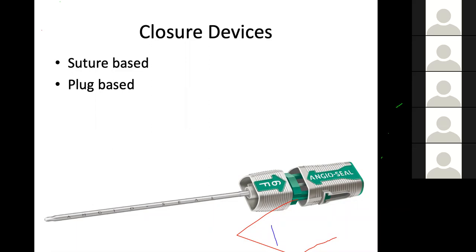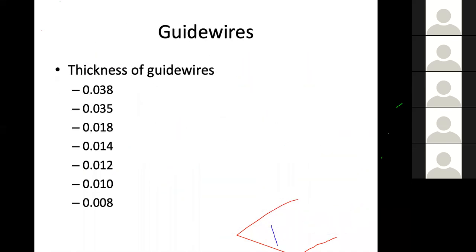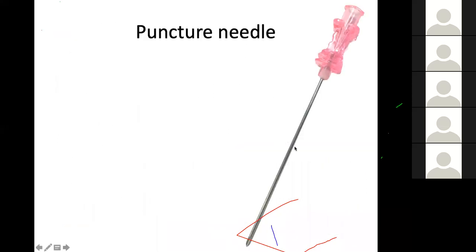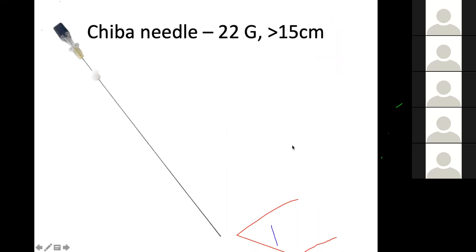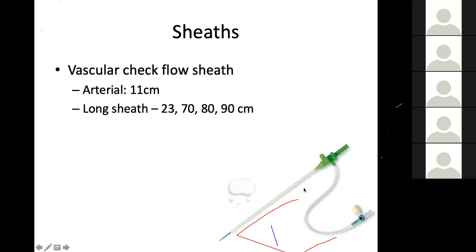So while removing the vascular sheath, what we do is we access the artery with a puncture needle. We use a guide wire to get into the vessel, remove the needle, and then we use a vascular sheath.